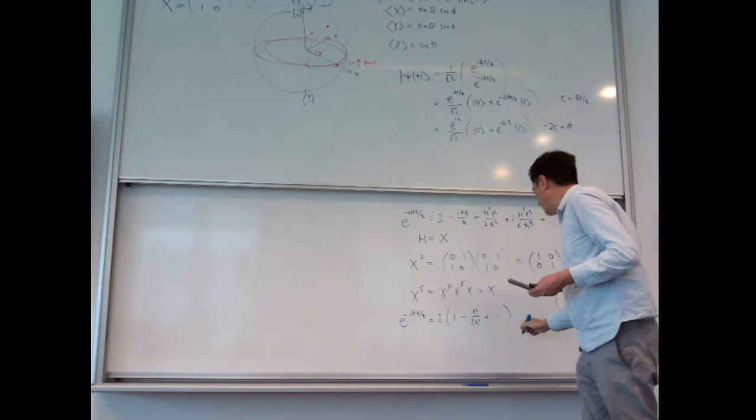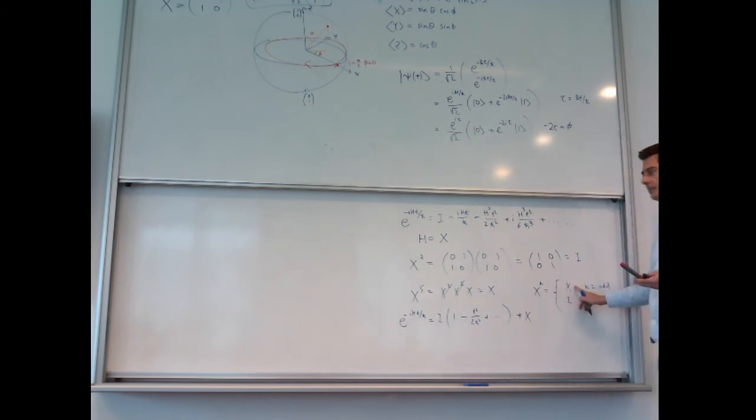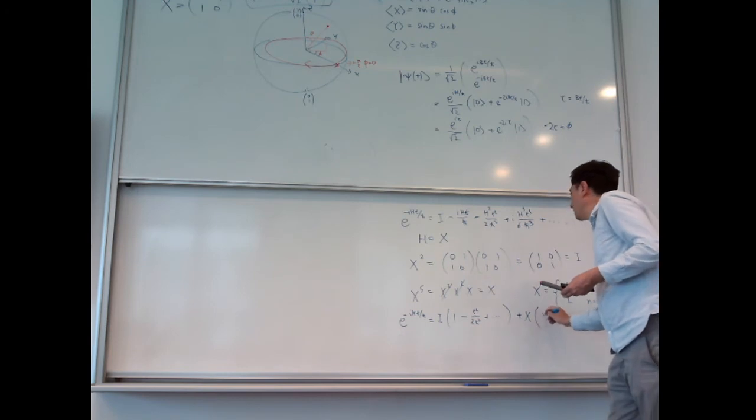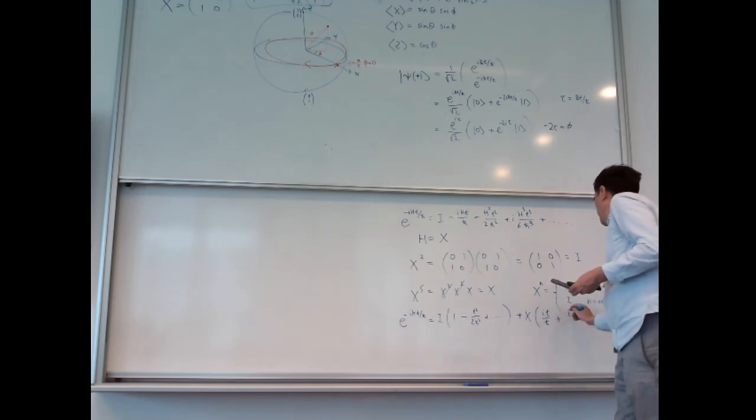Now let's look at the odd terms, and we know all of them are going to be just x. So this is going to be i t over h bar. Next one is i t cubed over h bar cubed times 6.